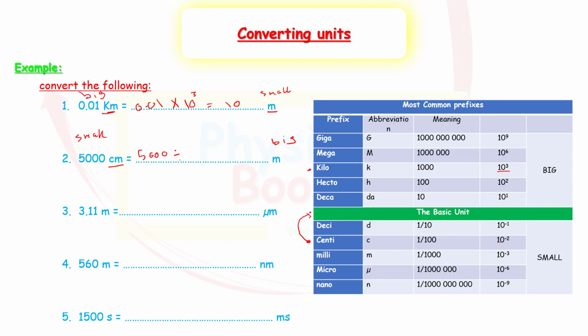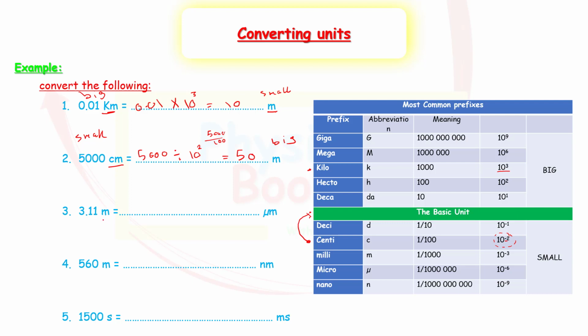Now, go to the centi. It's 10 to the power negative 2. As I said, while transforming, I will forget about this negative sign. So I'm going to say it's 10 to the power 2. So it's simply 5,000 divided by 10 to the power 2, which is equal to 5,000 divided by 100. So it's simply equal to 50 meters.